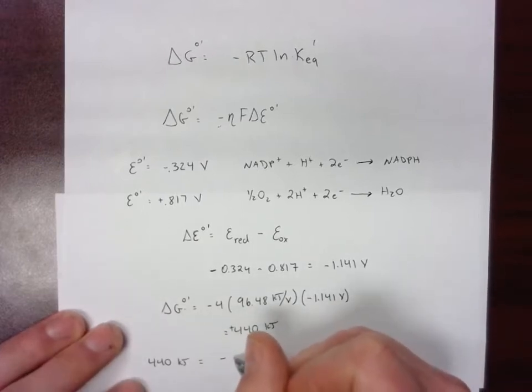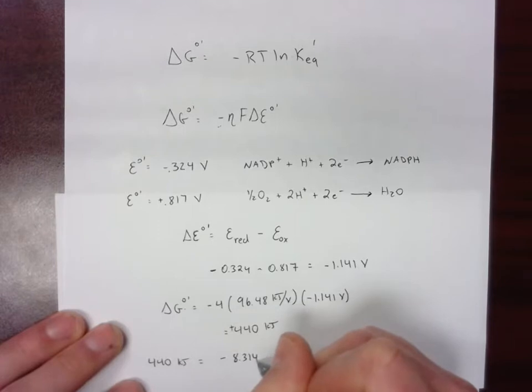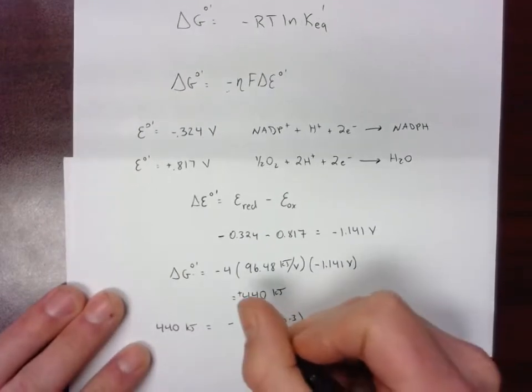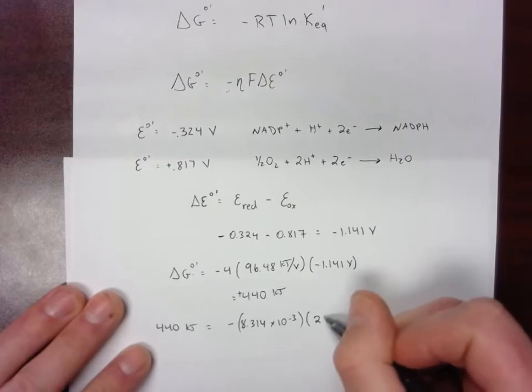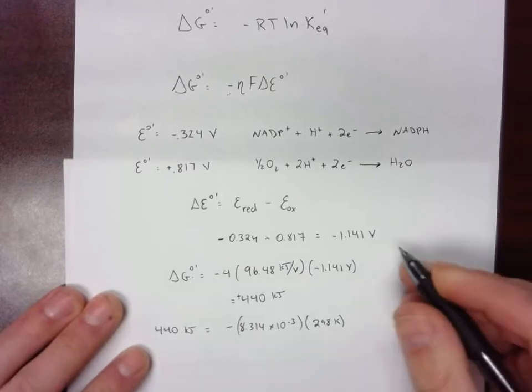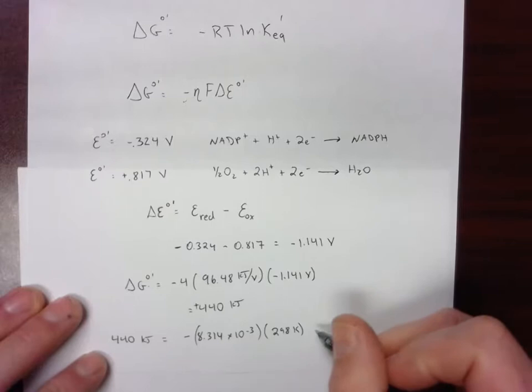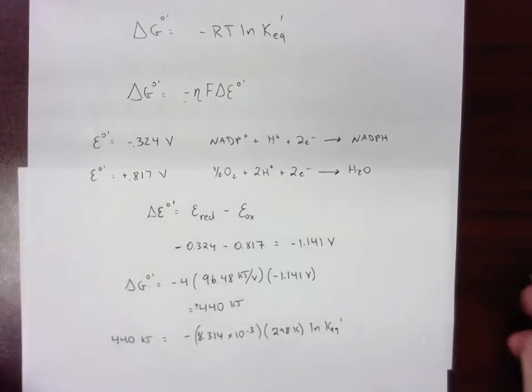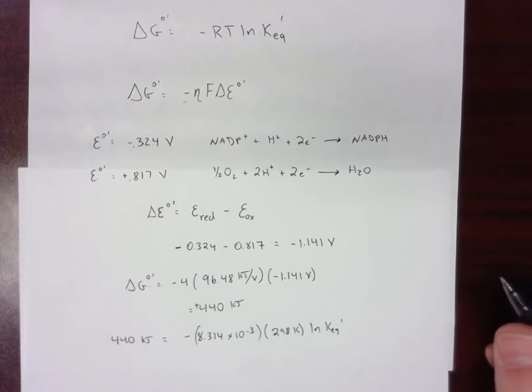and put our R value in here, 8.314 times 10 to the negative third. Our T is going to be 298 Kelvin because we're at standard state, and then we're solving for ln of KEQ. So we're going to divide our numbers on the right by what's on the left.